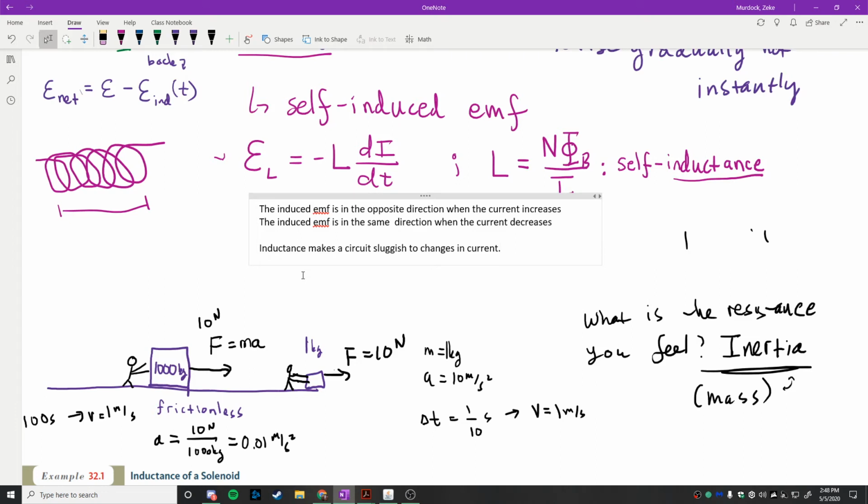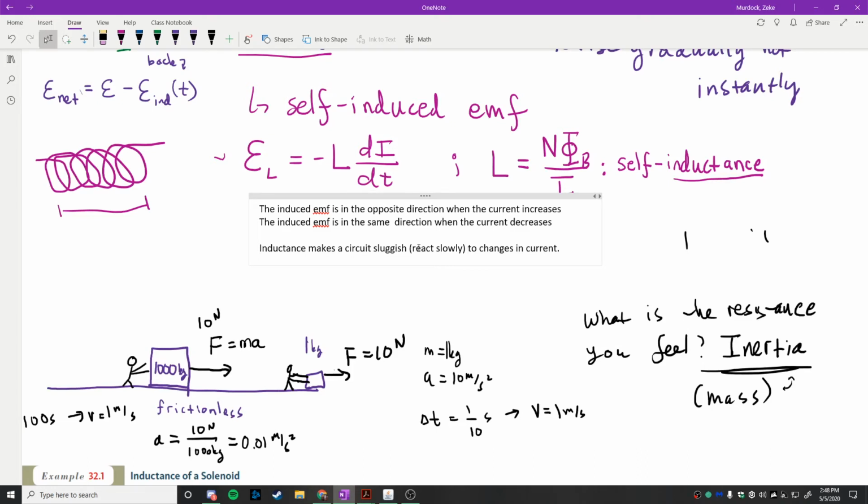Stubborn, sluggish. Does the word sluggish mean anything to you guys, or do you look at that word and you don't understand what that means? React slowly would be another way to say it.